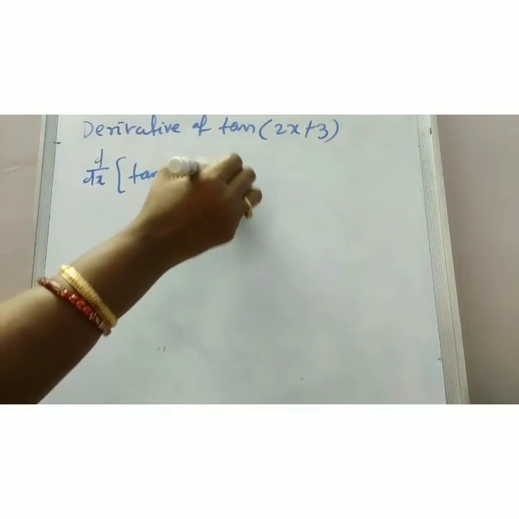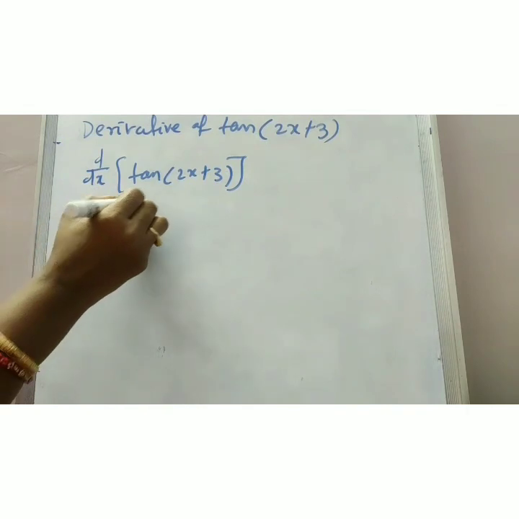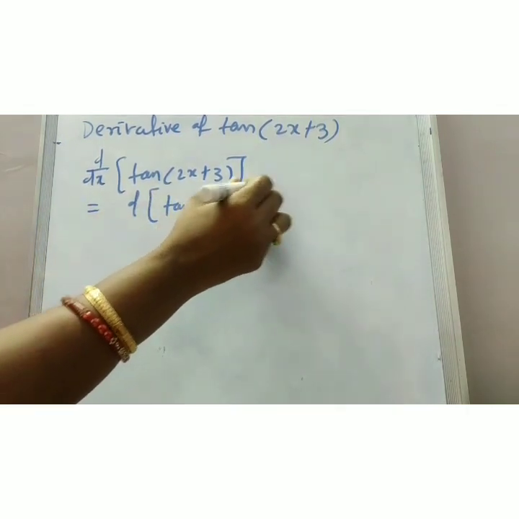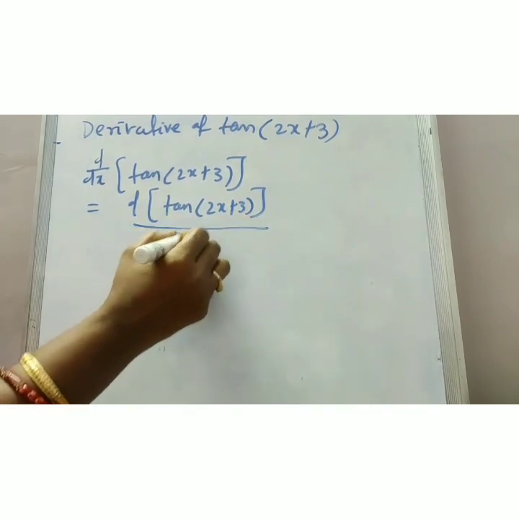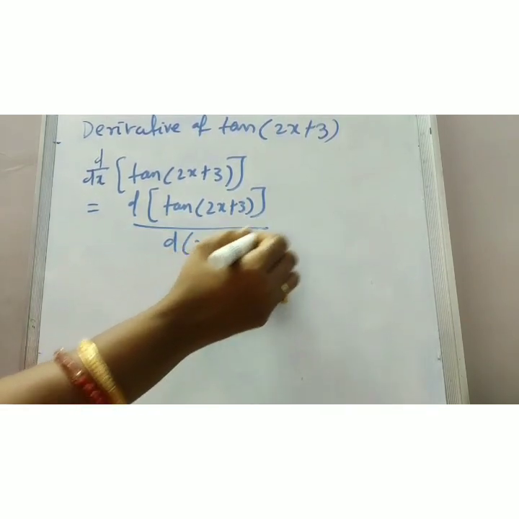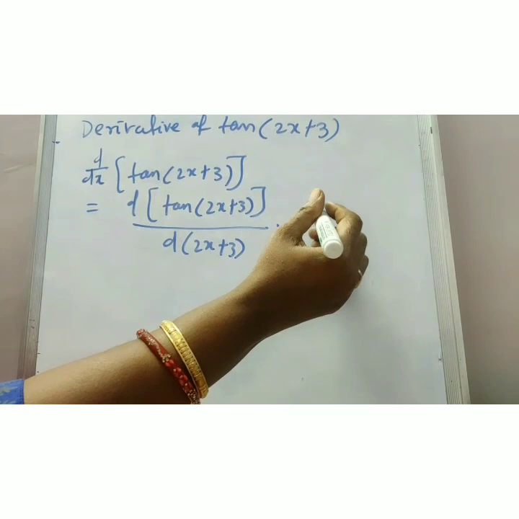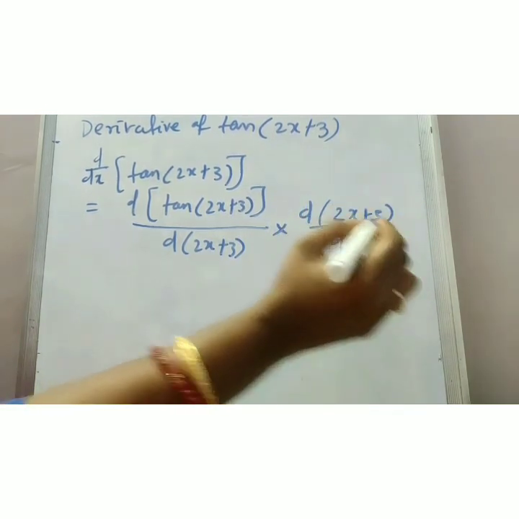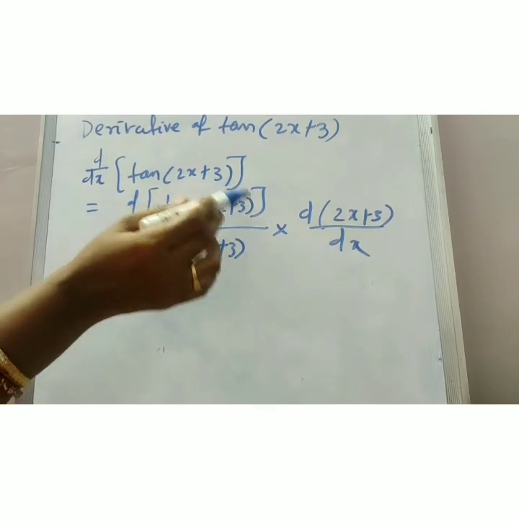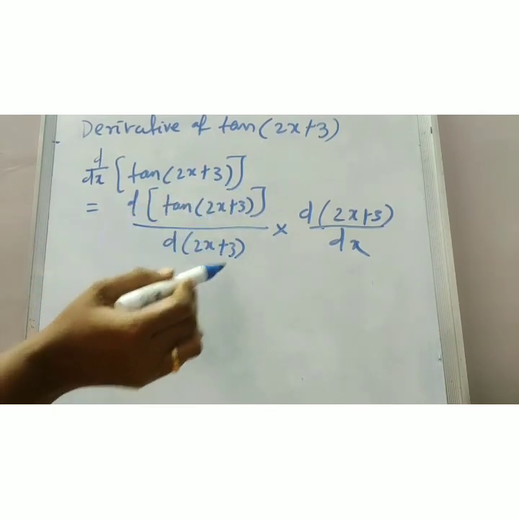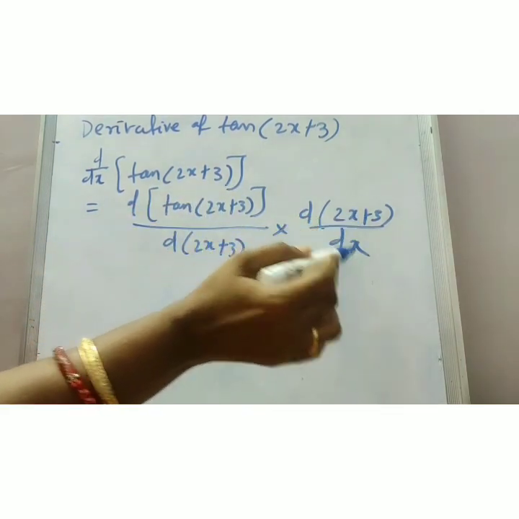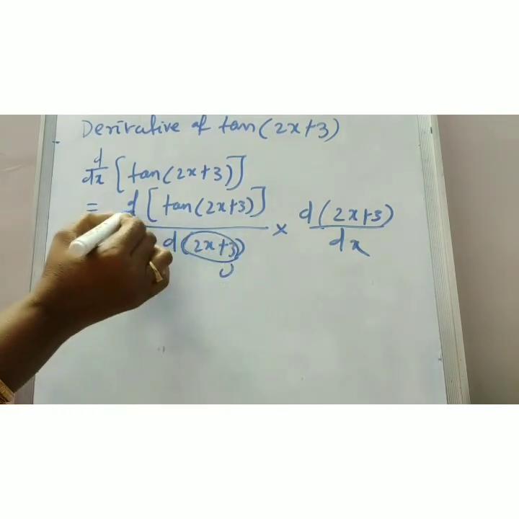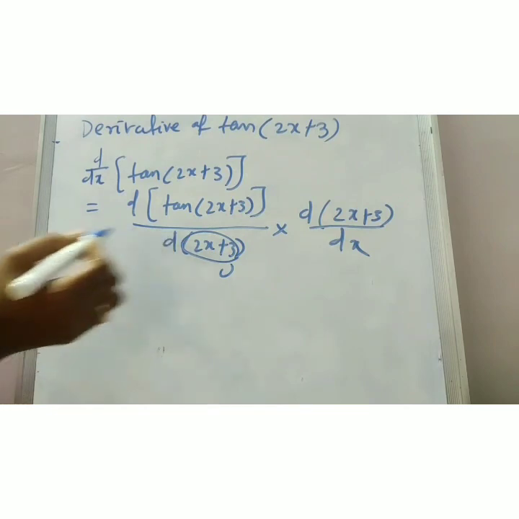That is equal to d of tan 2x plus 3, which is a function of 2x plus 3, into d of 2x plus 3, which is a function of x. So the derivative of tan 2x plus 3 with respect to 2x plus 3 into the derivative of 2x plus 3 with respect to x. Now suppose this is your u, then what is the derivative of tan u with respect to u? This is your sec square u.